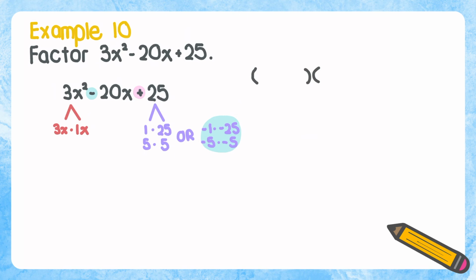So let me start choosing some options. So I'm going to write in the 3x and the 1x. And I'm going to try out 3x minus 5 times 1x minus 5. So multiplying the outside terms to check. 3x times negative 5 is negative 15x.